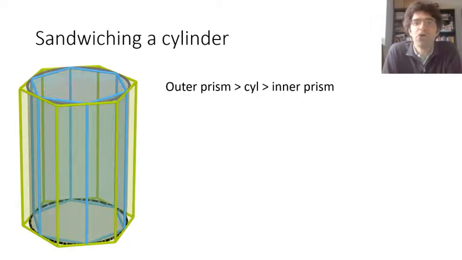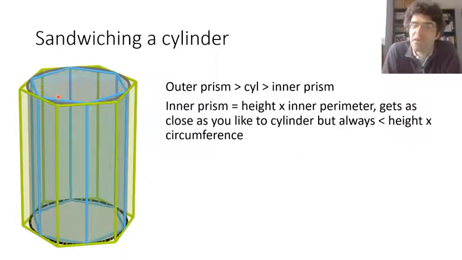So what does all of that actually show? As usual, Archimedes' proof goes by contradiction. If the surface area of the cylinder is any more than the height times the end circumference, what we could do is use a polygon with a large enough number of sides that we would get an inscribed prism which is so close in surface area to the cylinder that its own surface area would actually be more than the height times the end circumference.